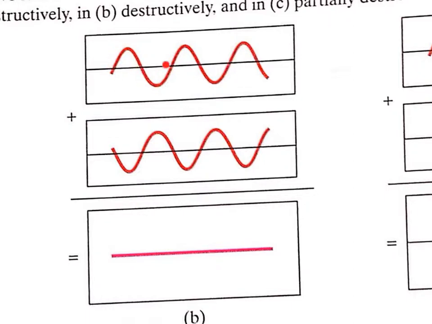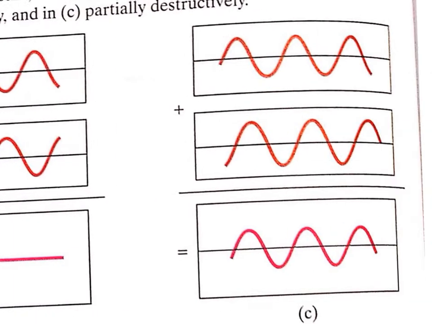These are out of phase. We see how we have a crest at the same time as we have a trough, and a crest at the same time as a trough. You can even assign numbers to these. Let's say this is a positive 2, and down here this is a negative 2, and up here positive 2, negative 2. Negative 2 plus positive 2 is 0. So that's destructive interference.